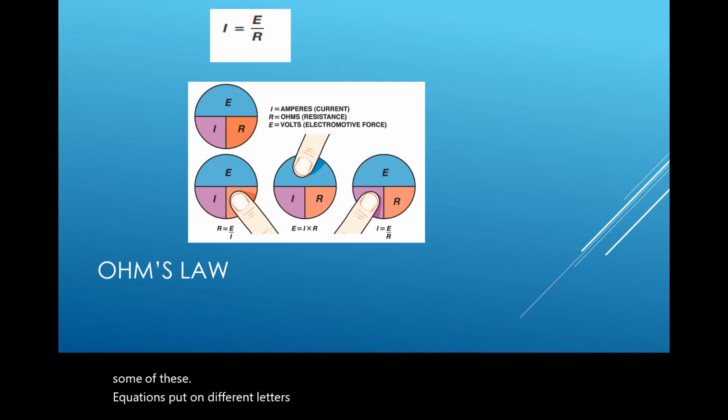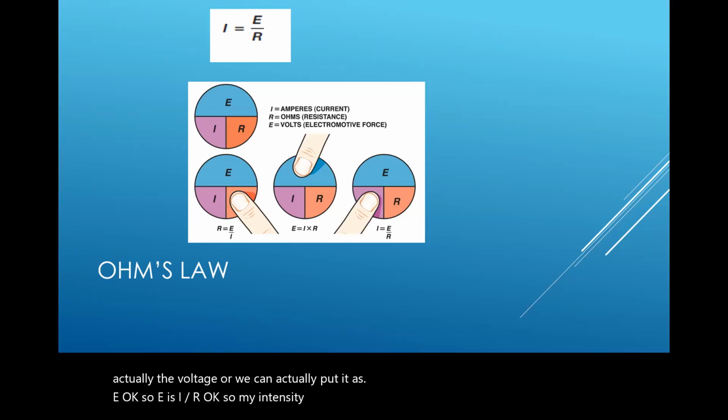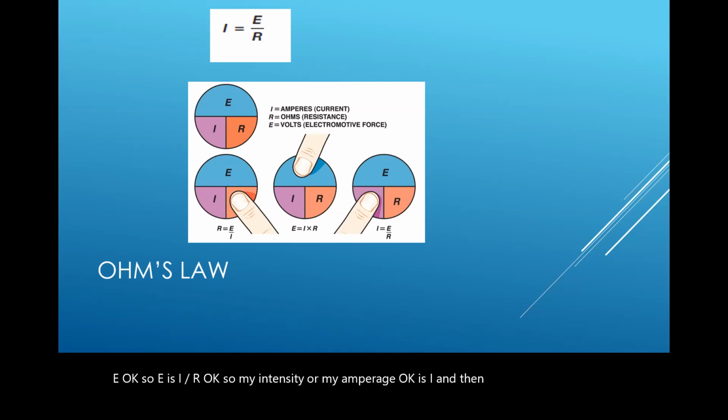We would normally say V, or I is for the current, and the voltage we can actually put as E. So E equals I times R. My intensity, or my amperage, is I, and then my electromotive force is E, sometimes V, which gets a little confusing, but stay with me here.